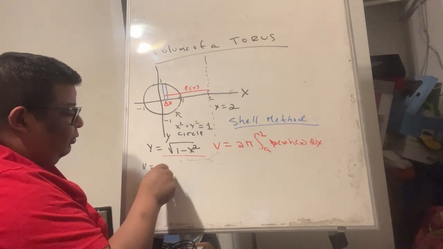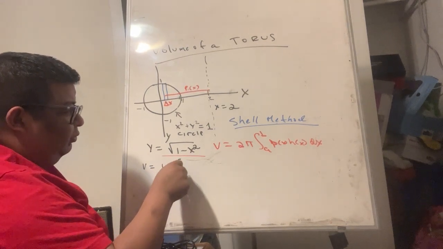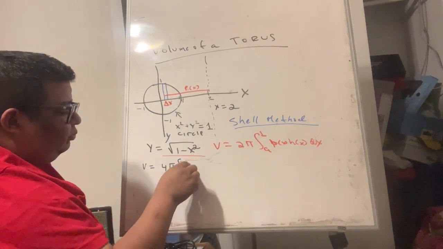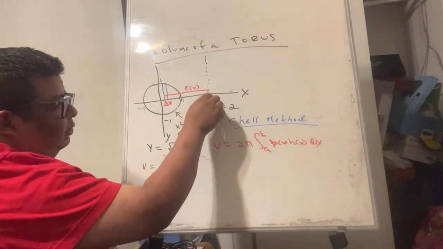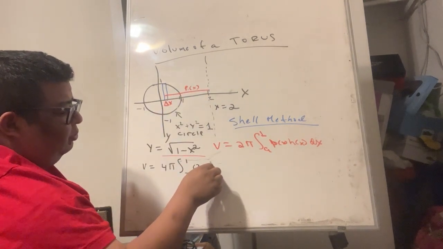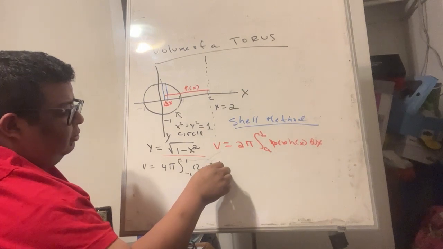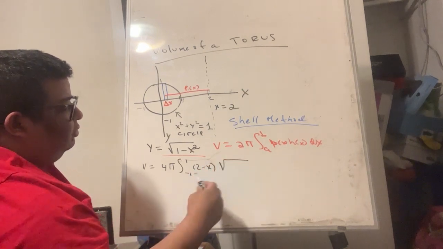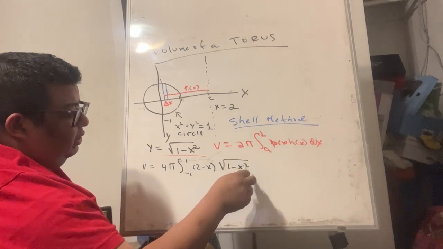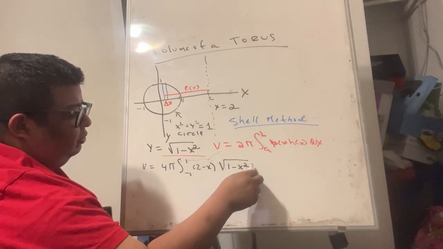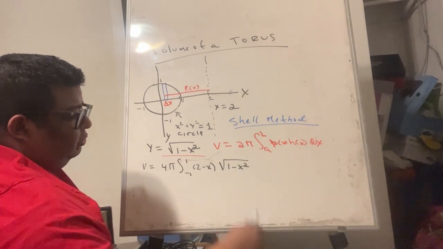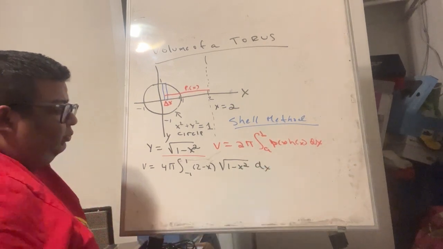So that would be 4 pi, and then we go from -1 to 1, of p of x, from here to the center, that's going to be 2 minus x, times your function, which is square root of 1 minus x squared, dx.